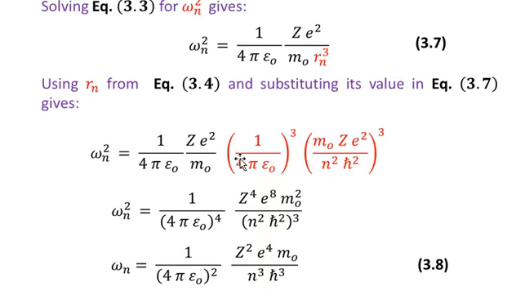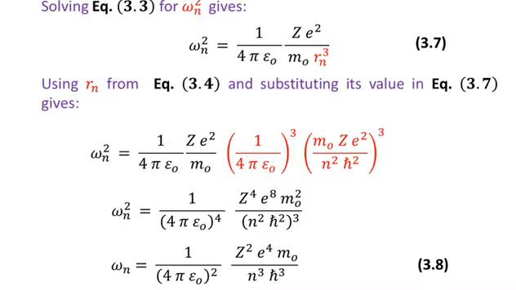Below, you can see that omega n square is equal to 1 over 4 pi epsilon naught times Z square over m naught, and this red value is the 1 over Rn cube, that is, 1 over 4 pi epsilon naught raised to the power 3 multiplied by m naught Z e square divided by n square h bar square, this whole term raised to power 3. The value in red is the value of Rn taken from equation number 3.4.